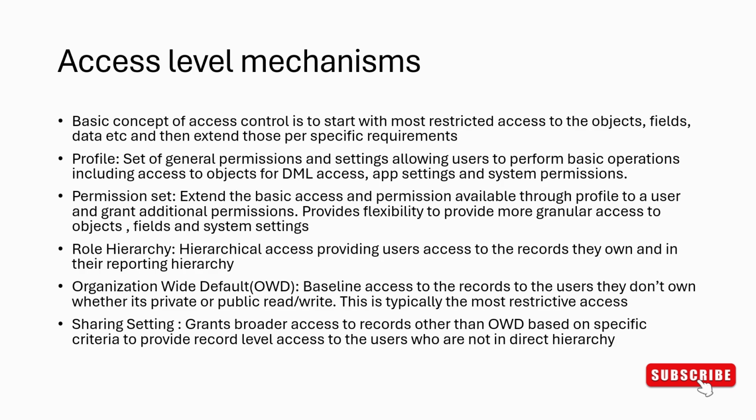Then the next comes organization-wide default, which we also call OWD. It is a base access to the records for users who don't really own them, right? Those access types could be private or public read write. For example, if we talk about the opportunity object, we define the OWD as private. What it means is that whoever owns that opportunity, only he can view it.